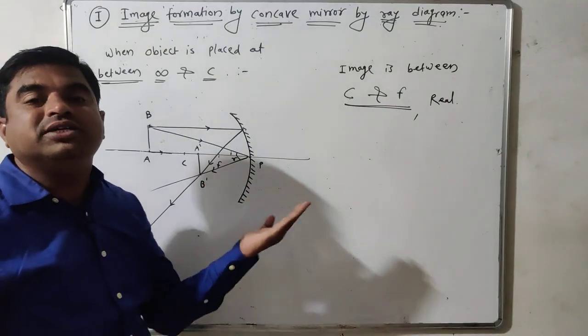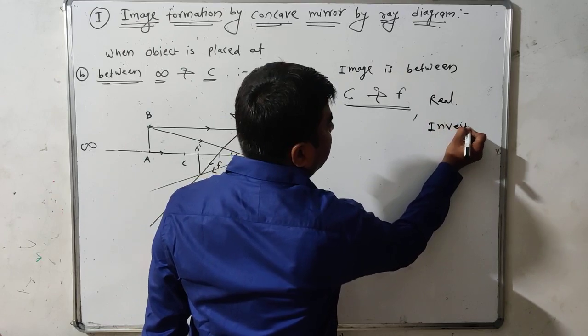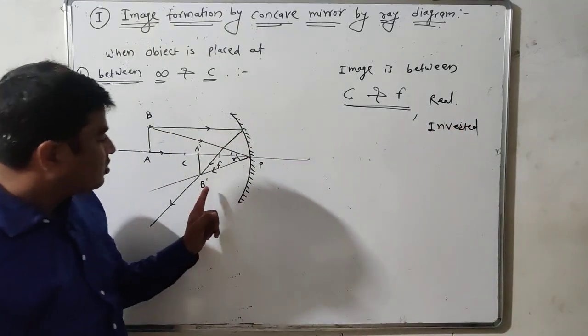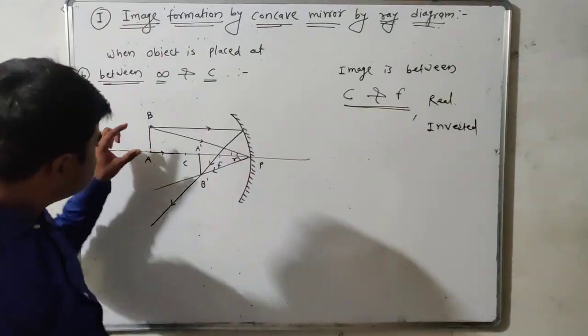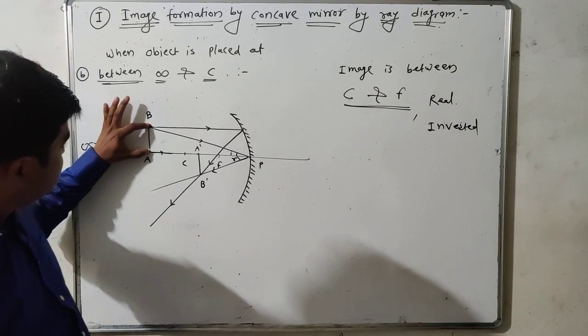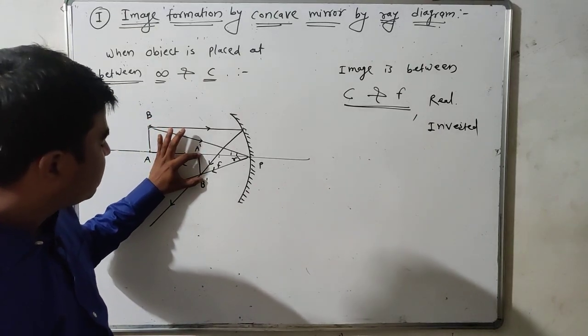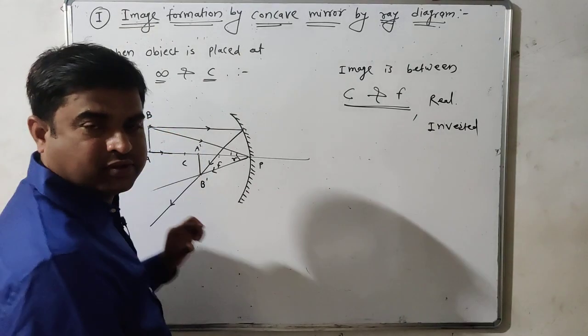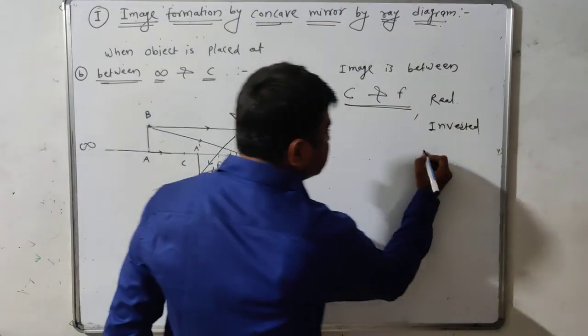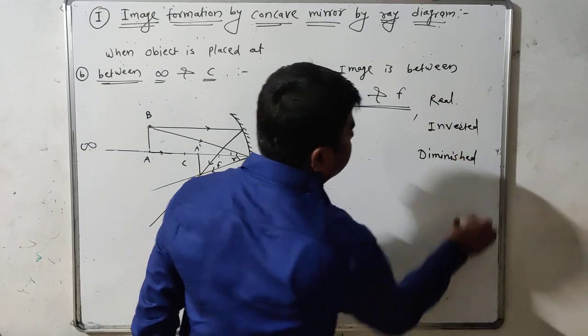That means the image is inverted. As you can see here also, the size of the object is AB, but its image is of smaller size. That means the image is diminished. Got it?